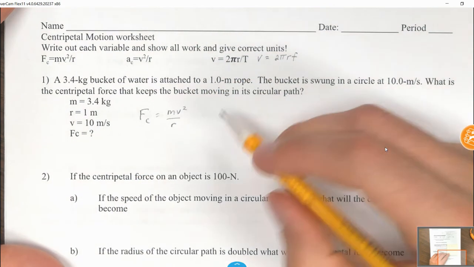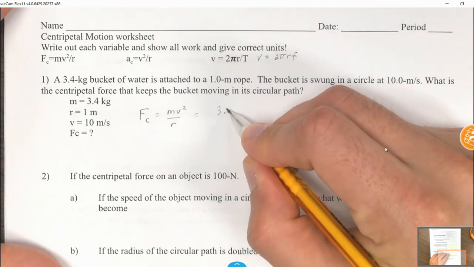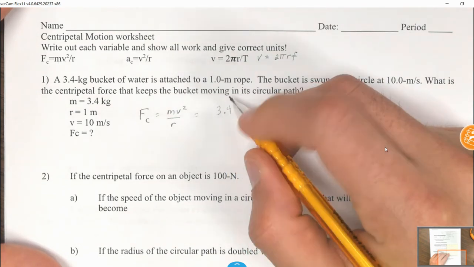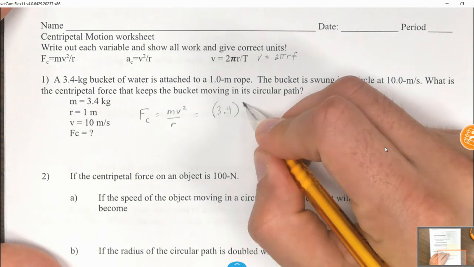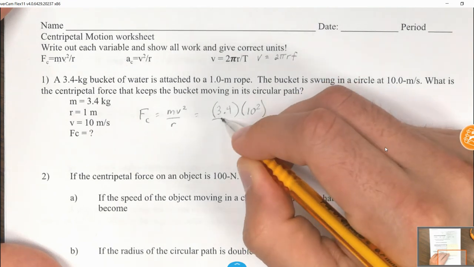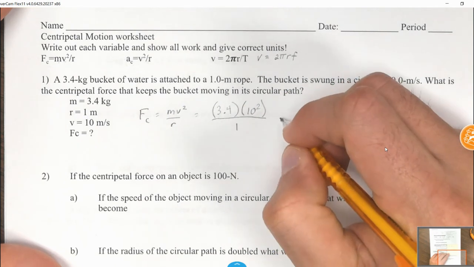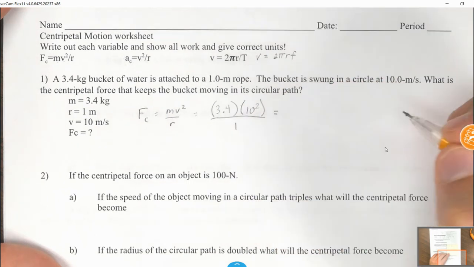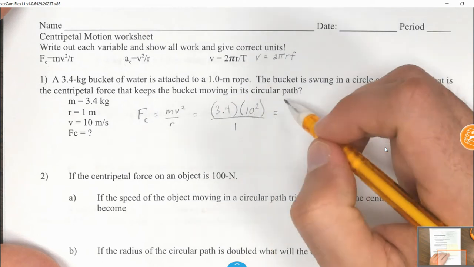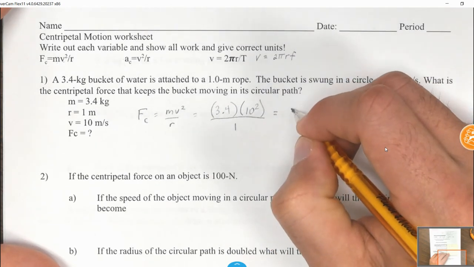you're only squaring velocity, so you're going to have 3.4 times 10 squared over the radius, which is 1. So 10 squared is 100. 100 times 3.4 will come out to be 340.